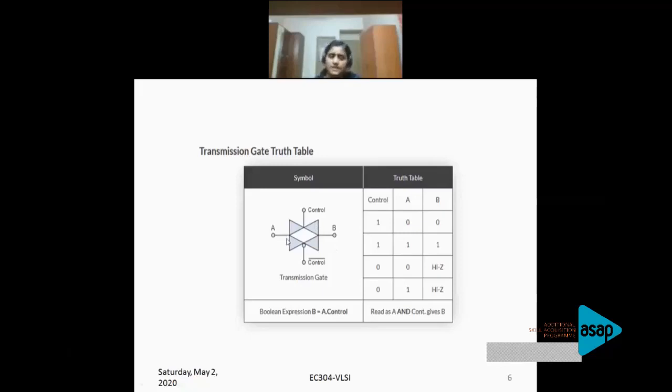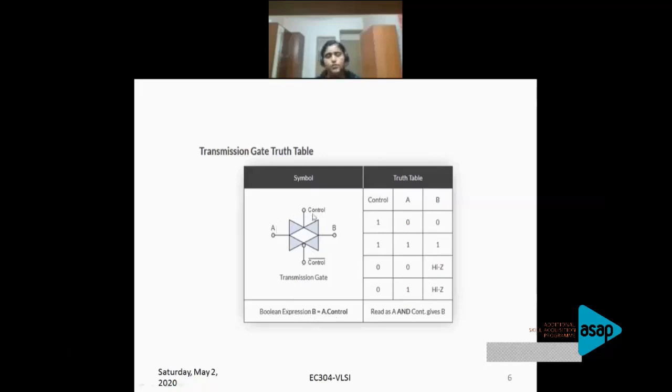Just like we saw for a pass transistor, for the transmission gate also we can write a Boolean expression for the output. B is the output here. As we saw for pass transistors, it is nothing but the input A multiplied by control: B equals A dot control.